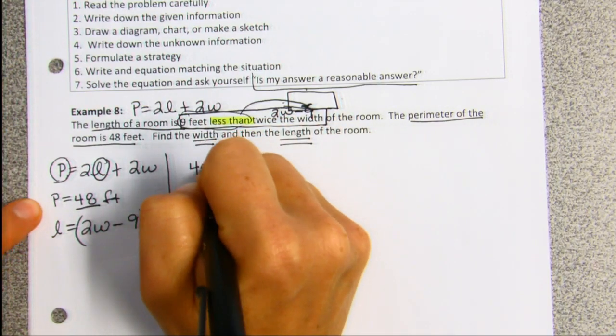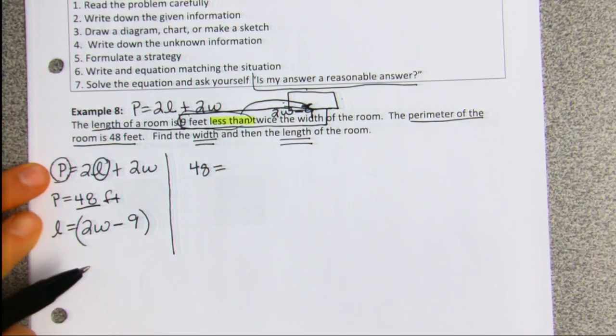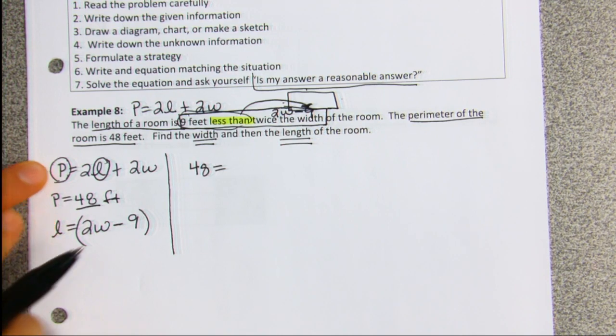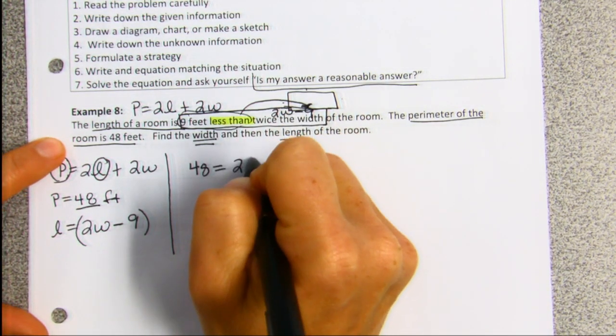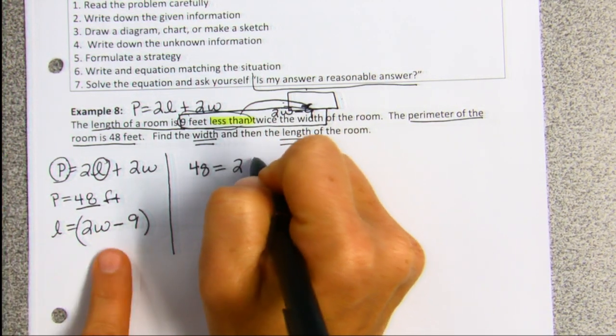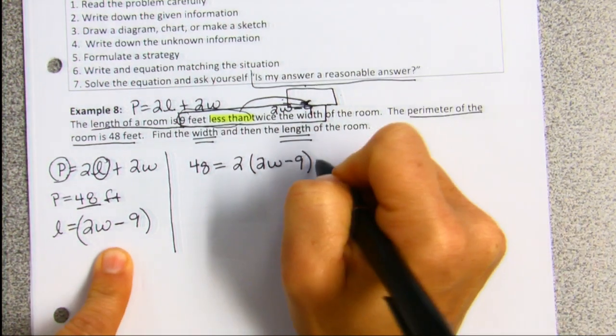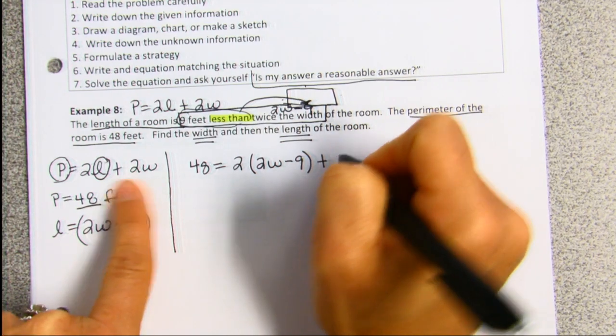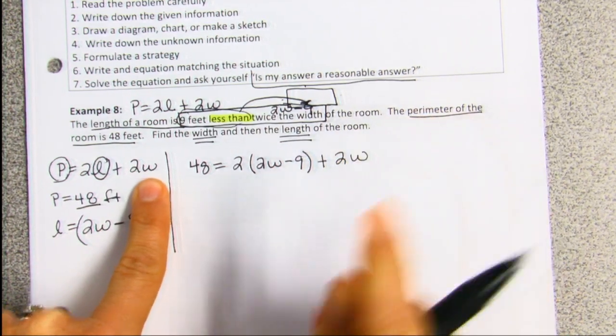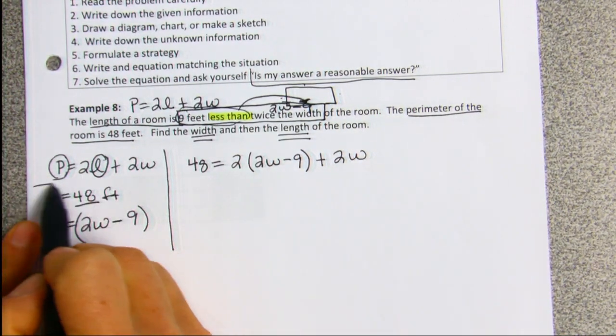We're going to say 48 represents my perimeter because I know that measurement. I'm taking 2 times my length, which was an expression, 2W minus 9. And then bring down the plus 2W that was left in your perimeter formula.